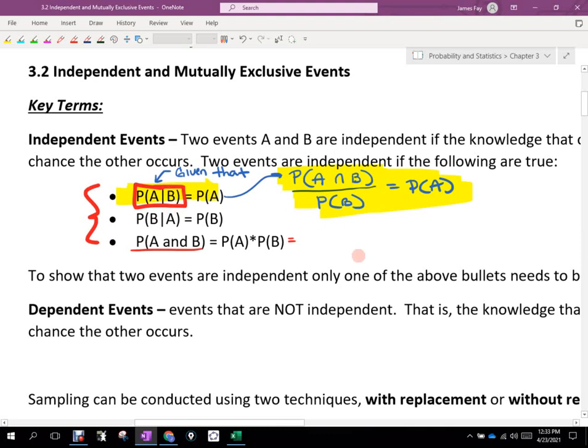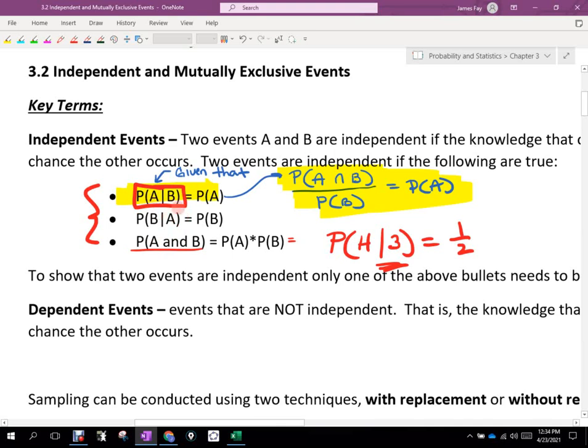If I have the probability of flipping a coin and getting heads, given that I rolled a 3, that is just 1/2, because that's the probability of getting heads, right? Does that make sense to everybody? Then that tells me that this "given that" of 3 didn't matter, and the events were independent. So if you can ever meet one of these 3 criteria, you're able to decipher whether the events are independent or dependent.